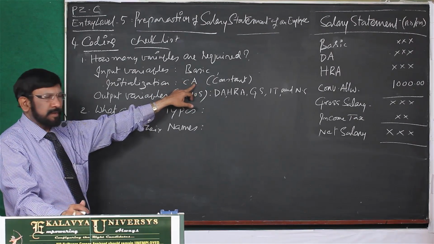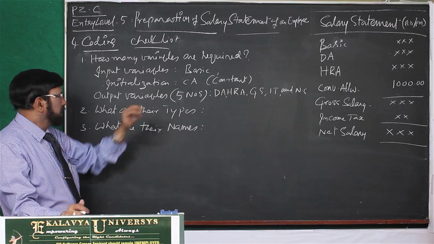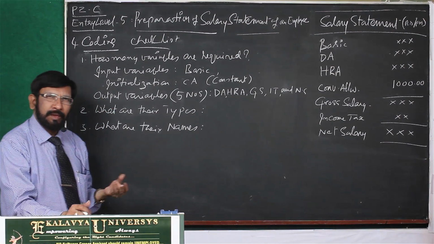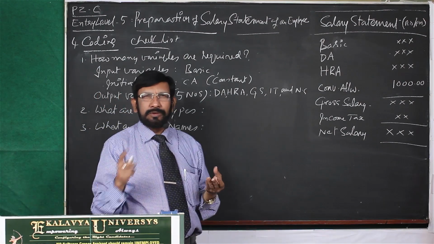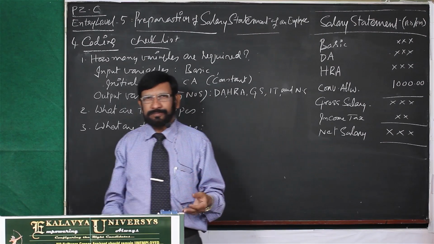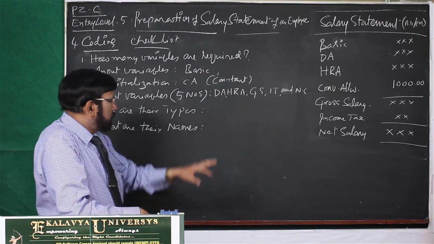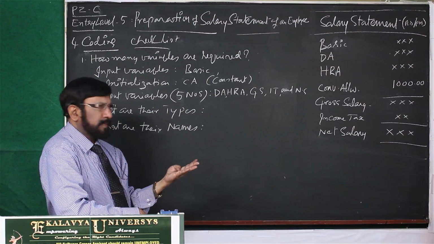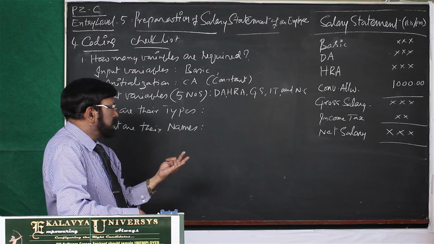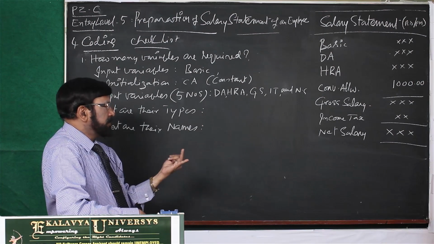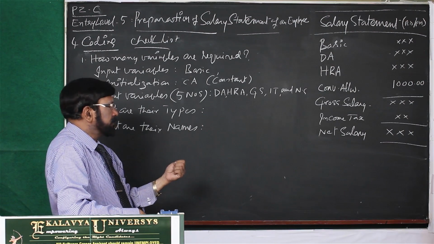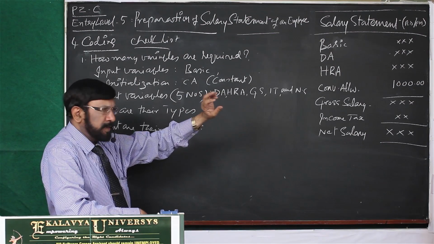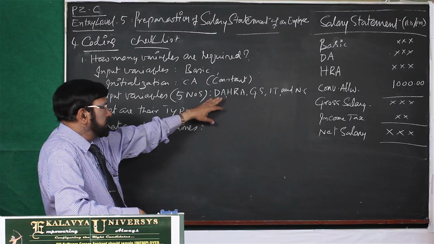So, this is the initialized one, and the remaining 5 are output variables. Output variables means using arithmetical statements or formulas, we have to calculate them. The first ones are DA, HRA, gross salary, income tax, and net salary. For these 5, we have to use the corresponding formula, and then we have to calculate.